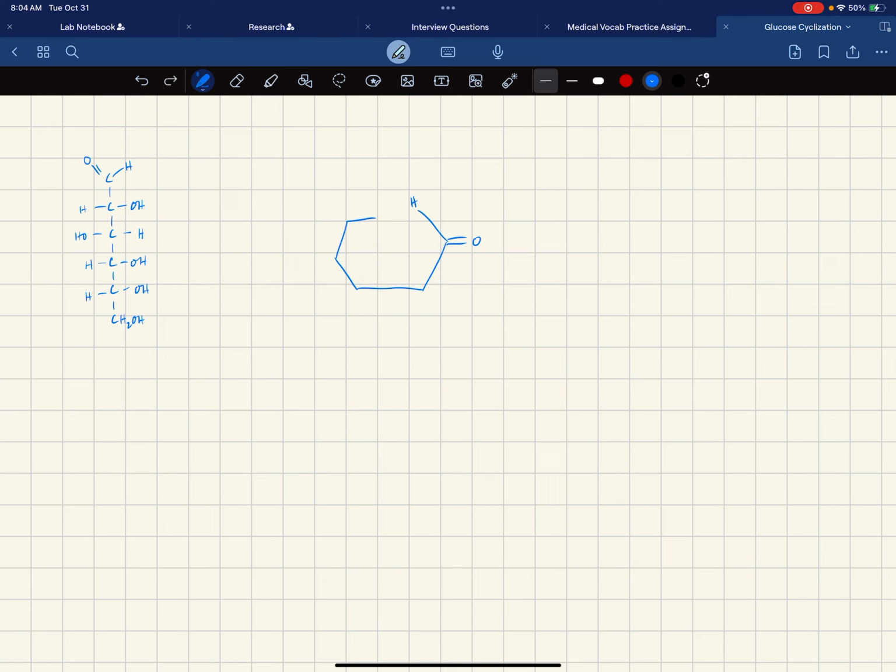And because of the way that I turned it, that's why the OHs on the right will be going down and the OHs on the left will be going up. So for glucose, that means I've got down, up, down, down, and then the rest of these are just hydrogens. And then this is my CH2OH right there.